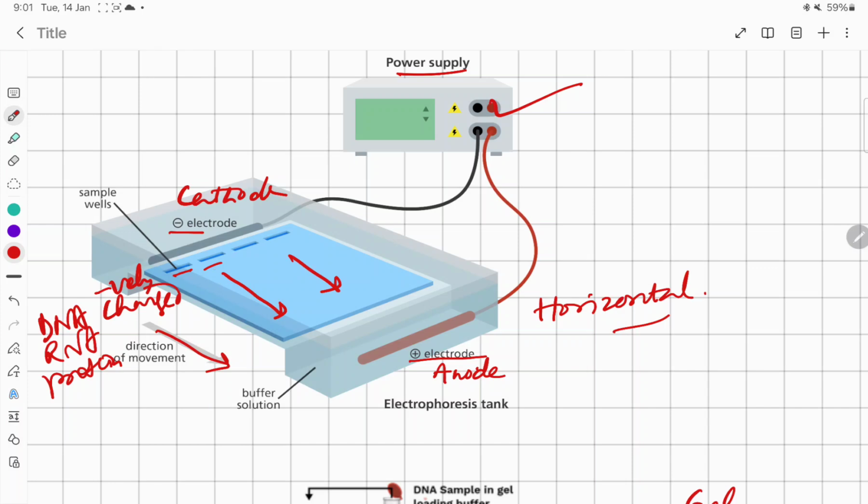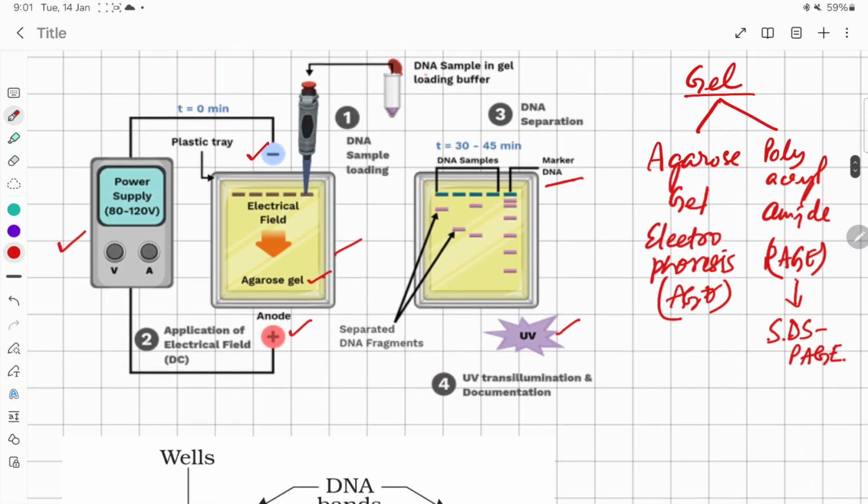The large size molecules will remain close to the negative electrode, and the small size molecules will move towards the positive anode. Based on the gel, electrophoresis can be of two types: agarose gel electrophoresis and polyacrylamide gel electrophoresis.